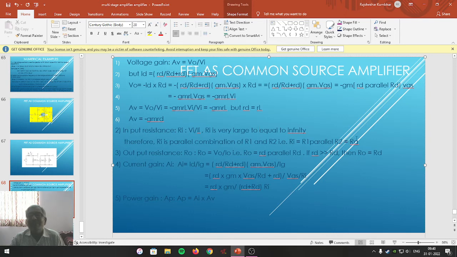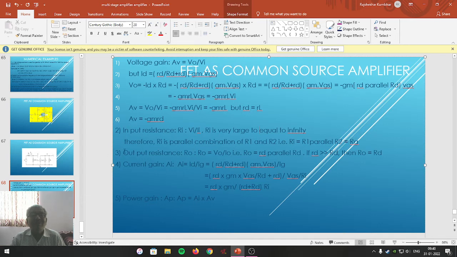Hence we can say gate resistance is almost equal to the input resistance Ri, which is equal to R1 R2 upon R1 plus R2. So this is the input resistance of FET as a common source amplifier, which can be calculated by its analysis with the help of the small signal equivalent diagram.